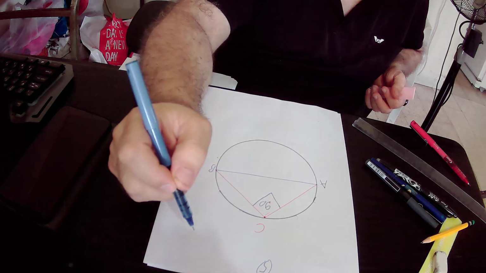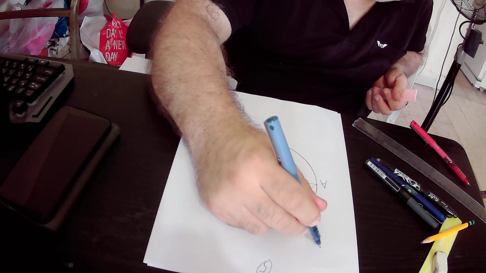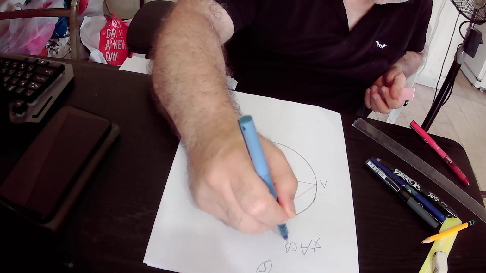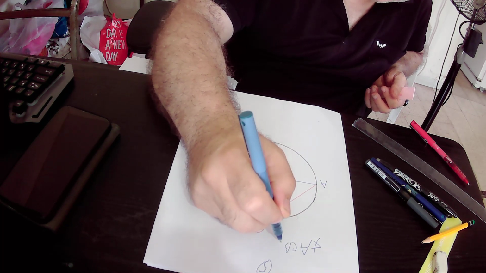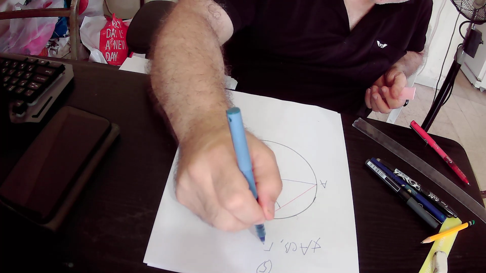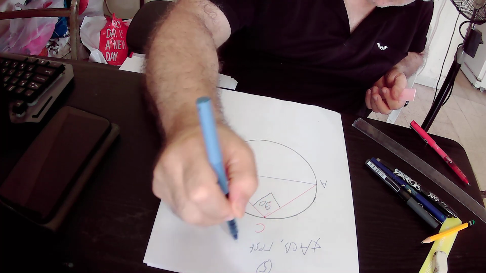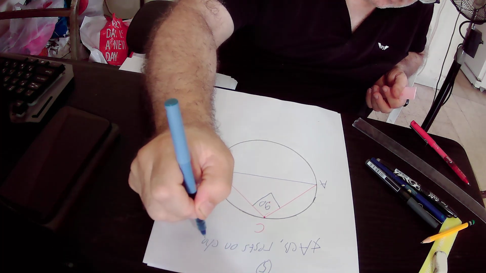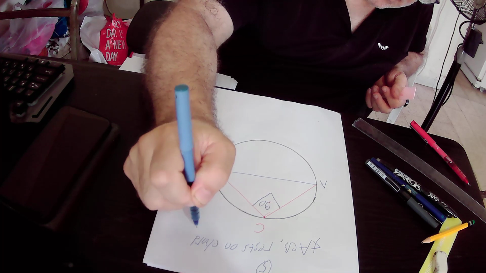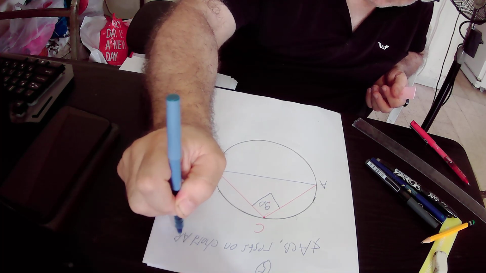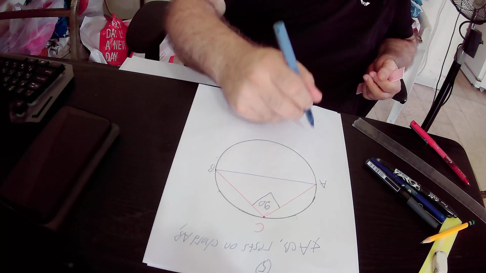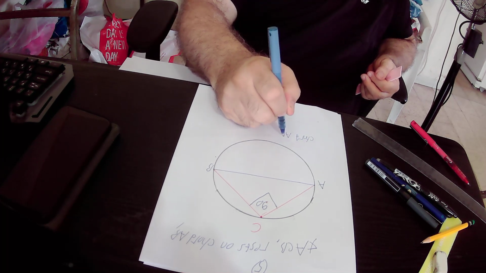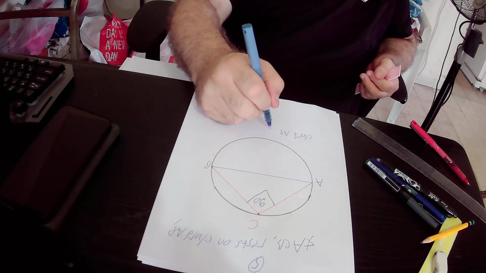So peripheral angle ACB rests on chord AB, and chord AB is the diameter of the circle.